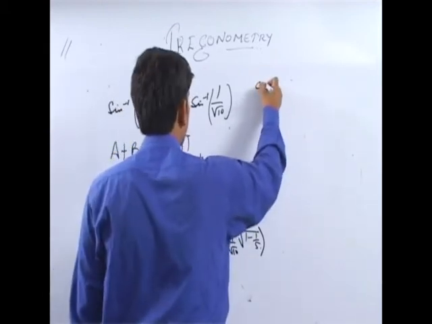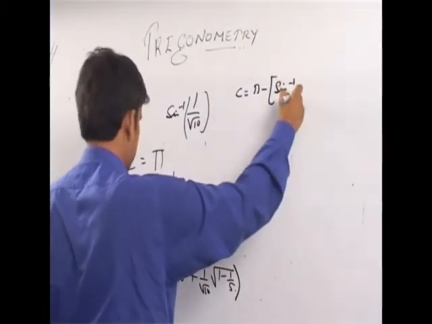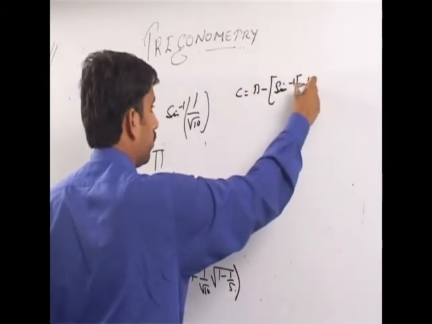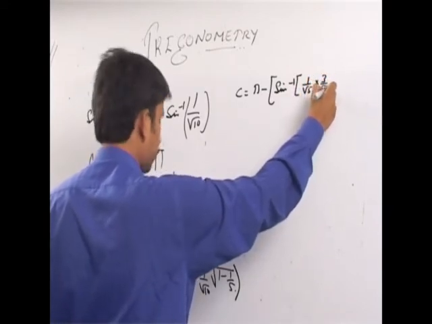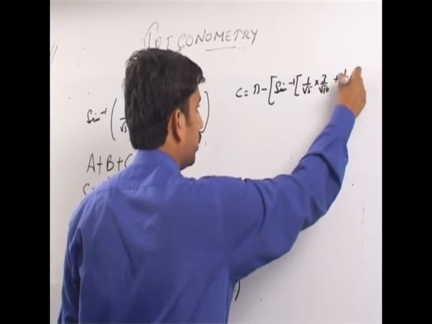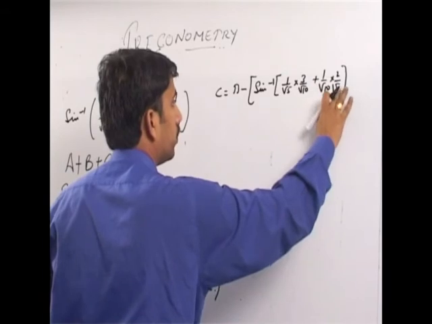So now C is equal to pi minus sine inverse of 1 by root 5 into 3 by root 10 plus 1 by root 10 into 2 by root 5.